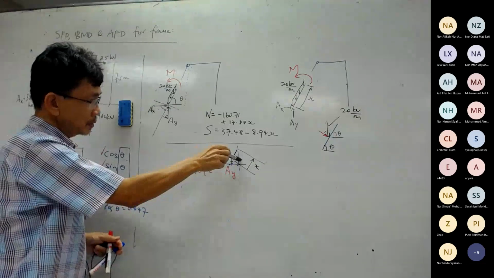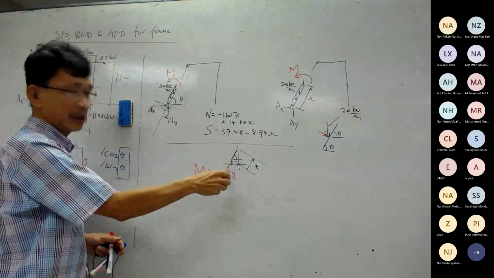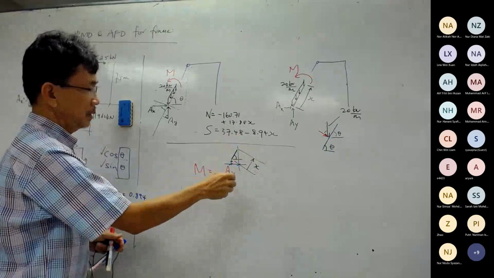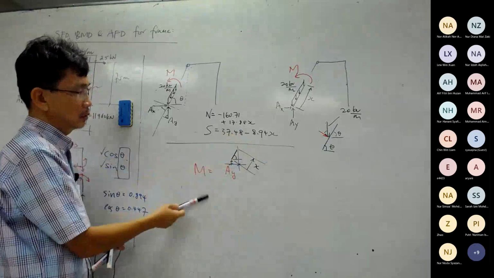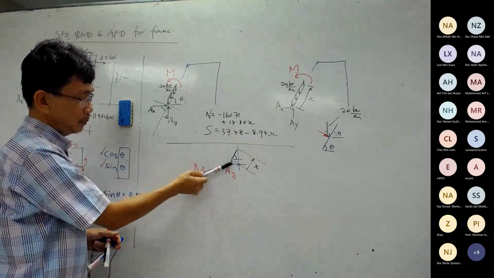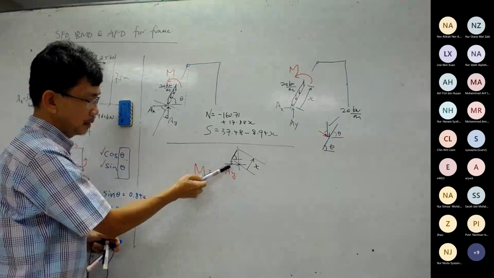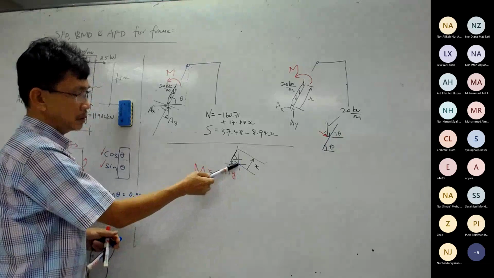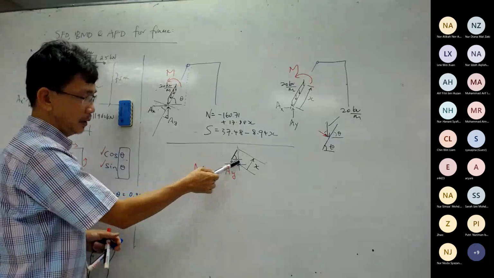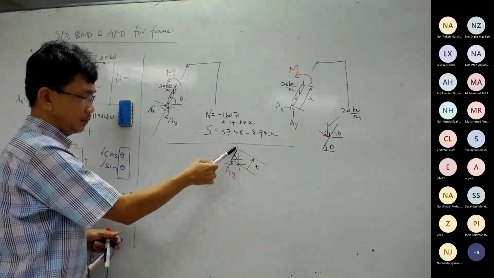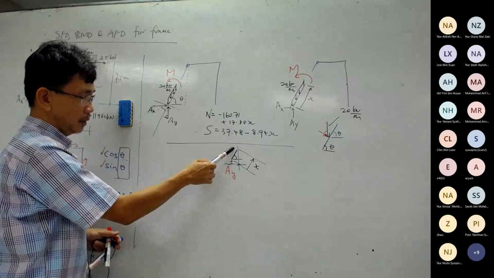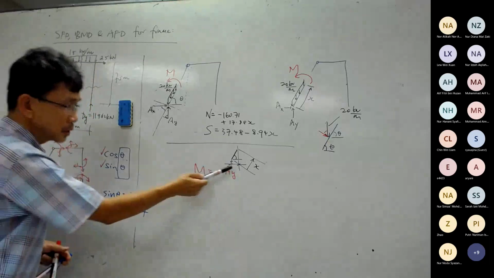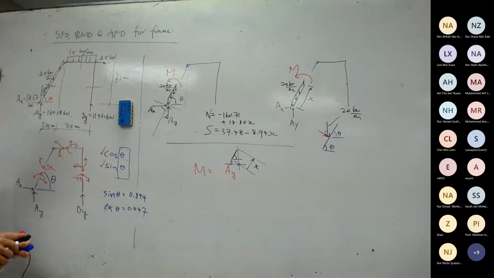This is the perpendicular distance that you need to multiply with AY to get the bending moment caused by AY at this section. If you consider this triangle, if this is x and this is theta, x cos theta gives you this distance.